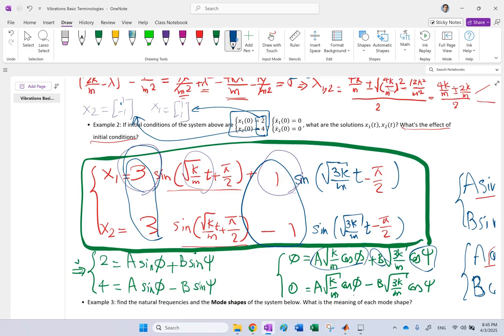Not only that, you can actually go one step further, and I explained that in a separate video on my channel under pre-release vibrations, the effect of initial conditions. Actually, if you do a dot product between this vector and this vector, you can get this weight. I mean, look at that. 2 plus 4 is 6, right?